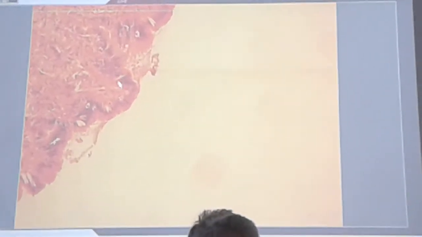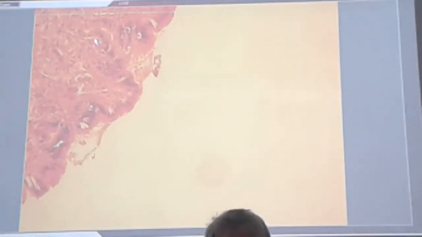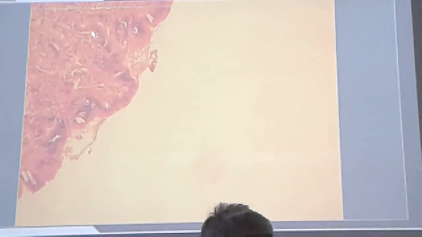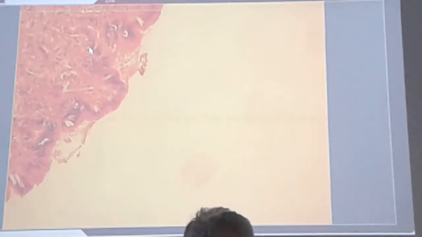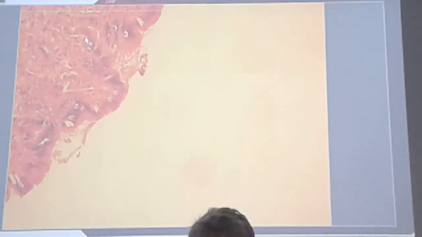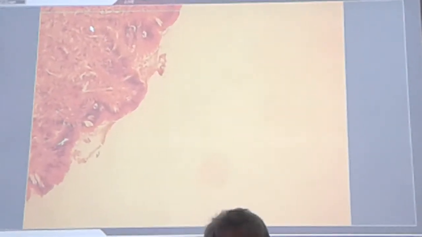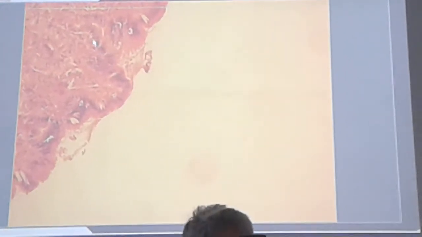This epithelium covers the mucosal surface and continues into the gastric pits. As you see, it makes some invaginations through the stomach surface. We call those invaginations the gastric pits, still lined with the columnar epithelium.